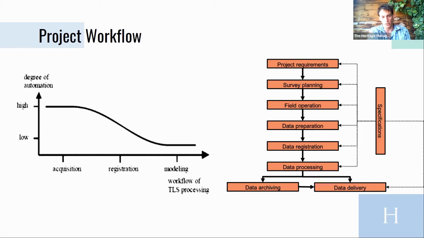If you apply photogrammetry on an archaeological site or a museum, you will not just go to the museum and start making pictures. No, you will first look at the object: where to take my photos, what is the required ground sampling distance. So there's a very interesting parallel in defining the project requirements. You will do your survey planning.